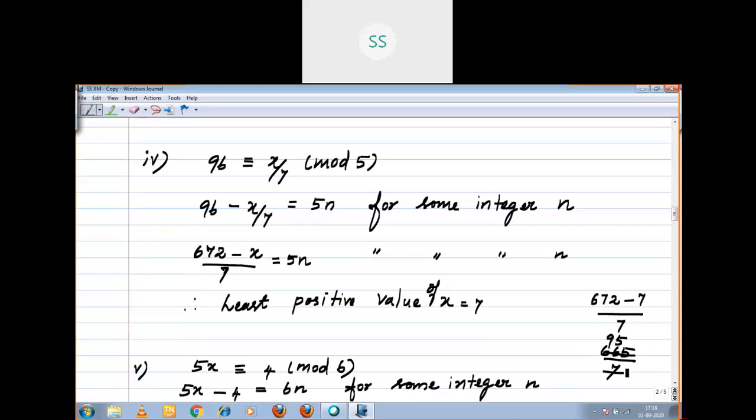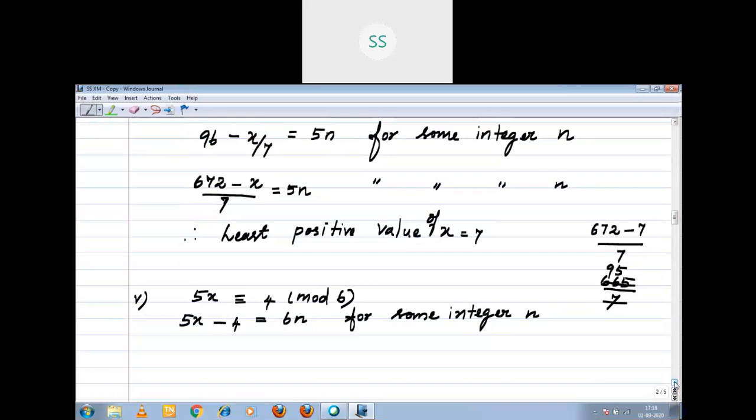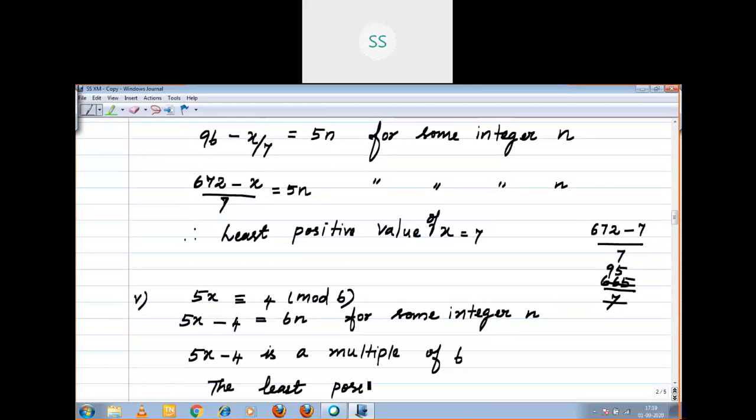Then 5x minus 4 is a multiple of 6. That means what is the least positive value of x? Least positive value of x is what?